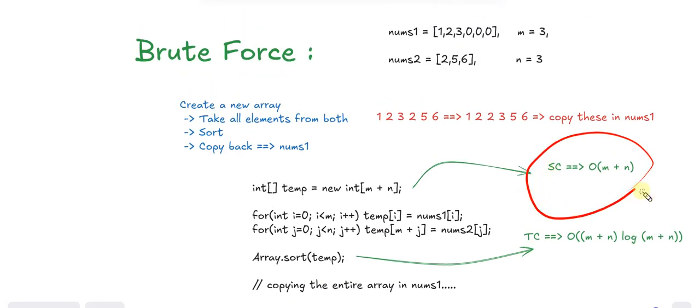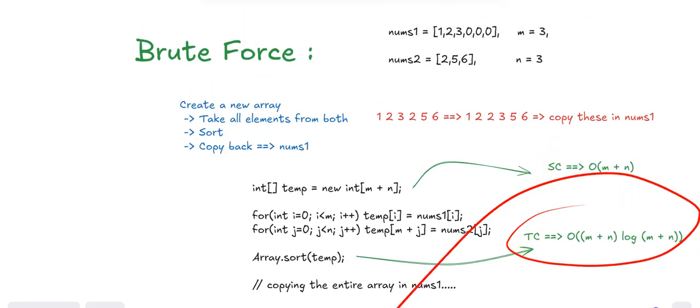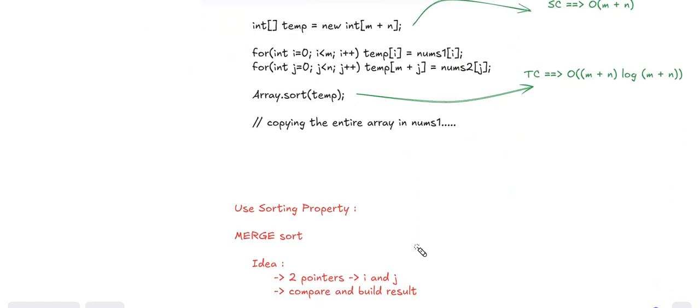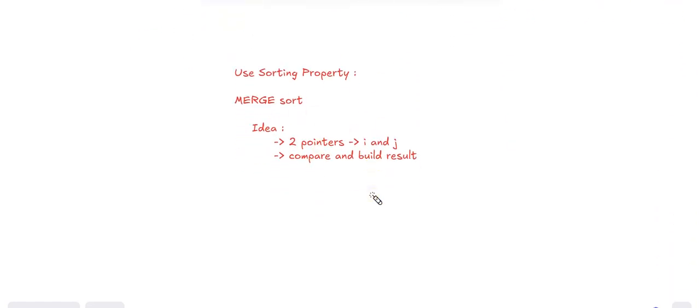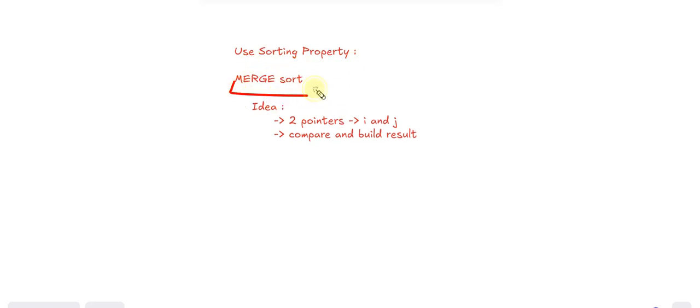Again, there's a space complexity. Even if I remove the internal sorting, merge sort will also be requiring time, and even after considering the sorting property, merge sort is basically popular for that. Still having complexities. So what's a better approach than this that I can come up with?